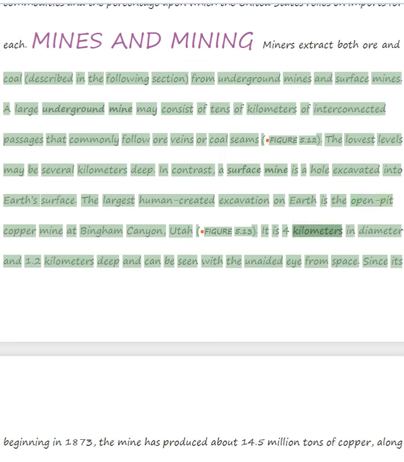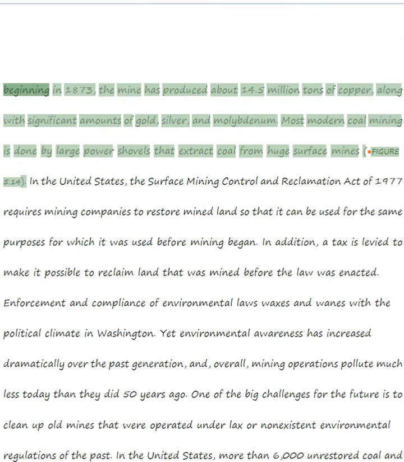It is 4 kilometers in diameter and 1.2 kilometers deep and can be seen with the unaided eye from space. Since its beginning in 1873, the mine has produced about 14.5 million tons of copper, along with significant amounts of gold, silver, and molybdenum.